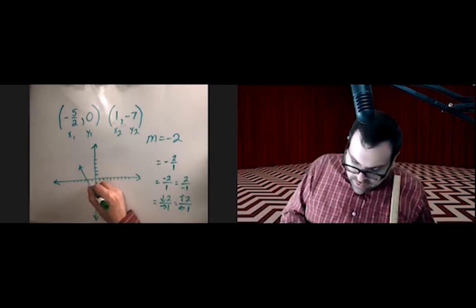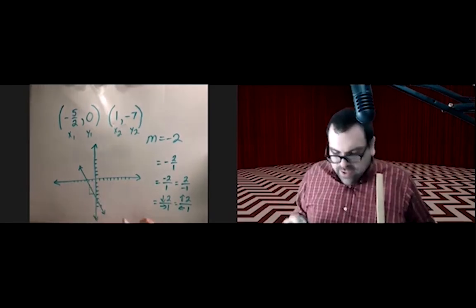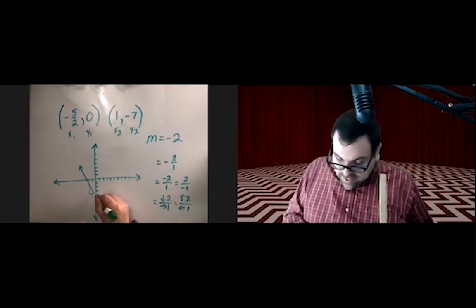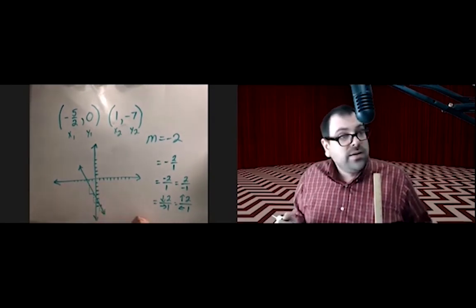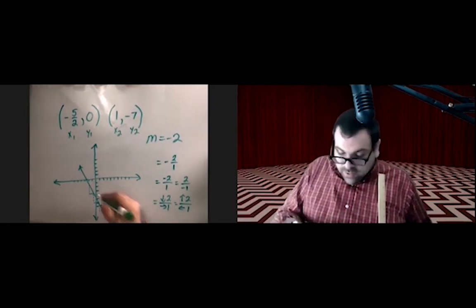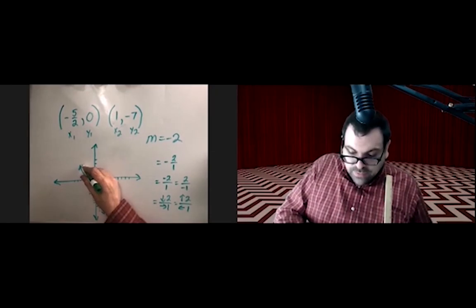So from here, down to right 1 gets us back to the line. Down to right 1, down to right 1, or up to left 1, up to left 1.